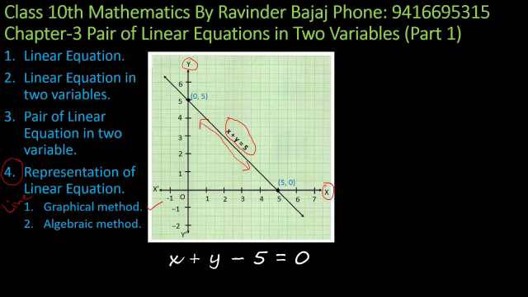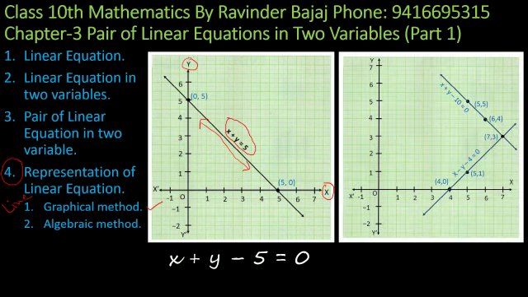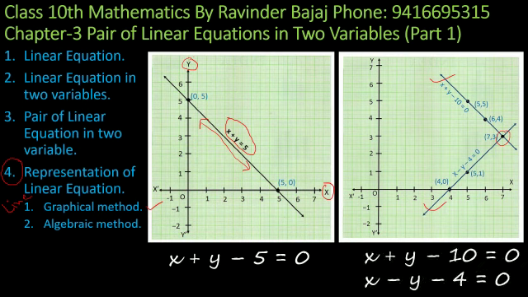One more graph I am showing you. This is another graph where there are two lines. This is the first line, this is the second line, and this is called the point of intersection. The point of intersection is also called the solution. The equations of these two lines are x plus y minus 10 is equal to 0, this one, and x minus y minus 4 is equal to 0, this line. Both lines intersect at this point.